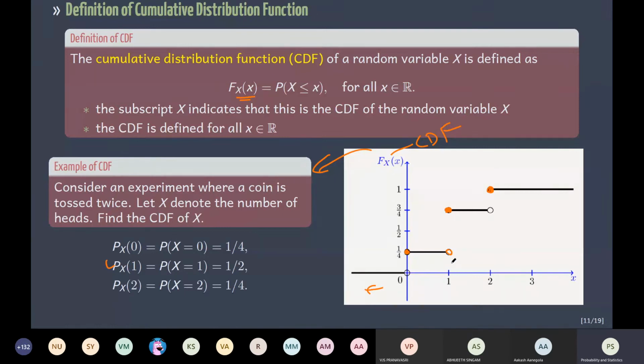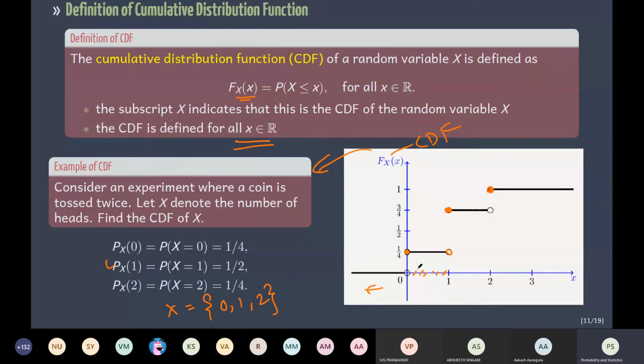Okay, and another thing we notice is, since it is defined for all x in R, it is also defined for values that are here. I mean, these are not the values taken by the random variable X. Remember, random variable X is taking values 0, 1, 2, but the CDF is defined for all real values along the line.